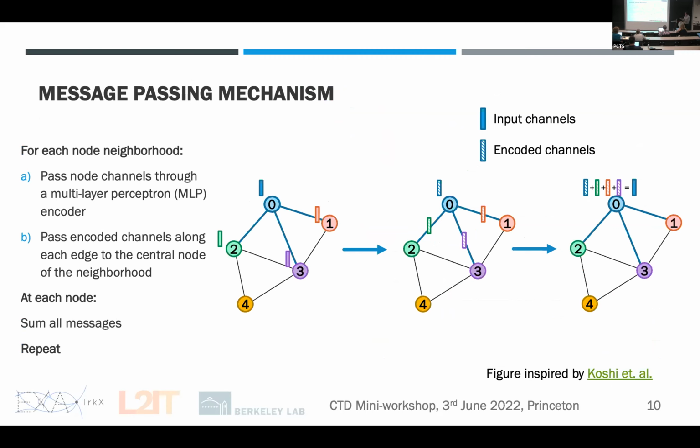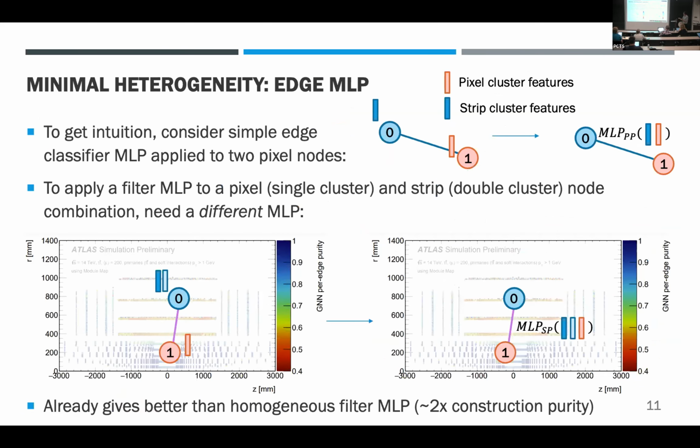We've already had a couple slides on how GNNs work, so I will only show this to differentiate how heterogeneous GNNs work. At their heart, we have a message passing function, which encodes information on each node and passes it along each edge and aggregates it in a neighborhood. To extend this to the heterogeneous case, we could imagine edges in our graph. Some of those nodes come from pixels, some of them come from strips.